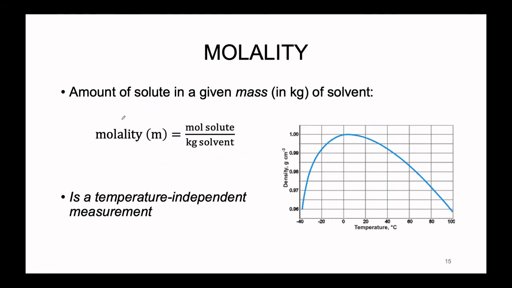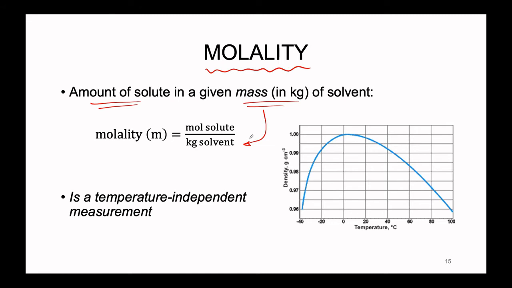Instead, we're going to have to use this measure of molality. Now, the words molarity and molality are fairly similar, but they are not the same measured quantity. Molality is still an amount of solute that is going to be measured in moles. However, it is going to be divided by the mass of the solvent in the denominator instead of the volume of the solution.